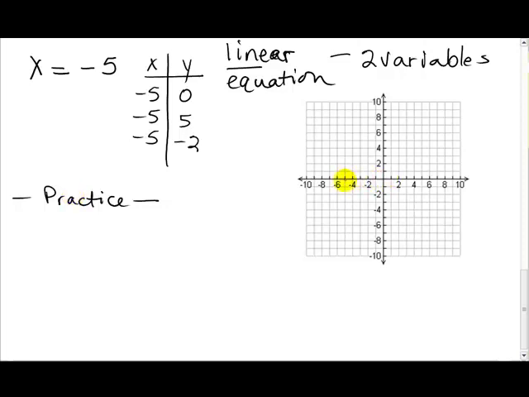Got -5 and 0. -5 and 5. 1, 2, 3, 4, 5. And -5 and -2. Take my straight edge. Okay, so now you can check it.